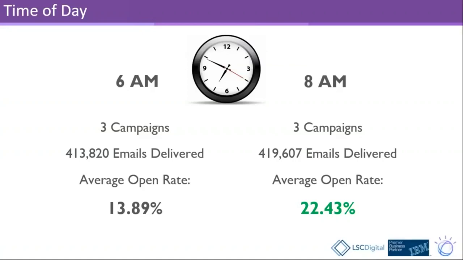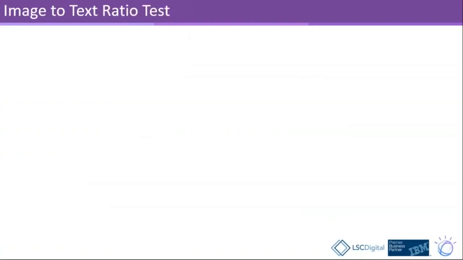What's also changing, and we'll talk more about this further in the presentation, is how people engage with emails. People are kind of always on email now, whether on their mobile device, their laptop, or their tablet. So testing time of day can very quickly improve open rates.